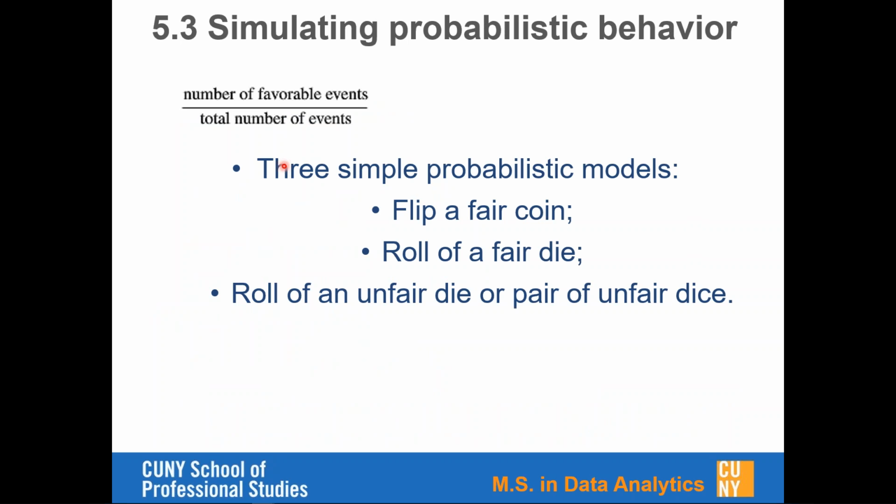The previous two examples that we discussed in terms of simulation are really about deterministic behavior, because we're looking at the area under the curve and the volume under the surface. But here we're talking about something probabilistic. How can we simulate some sort of behavior like that? One of the examples that we use is flipping a fair coin, or rolling a fair die, and we can also look at rolling an unfair die, or a pair of unfair dice.